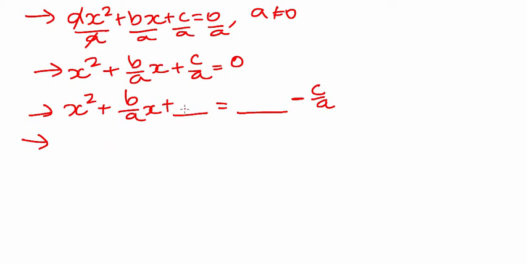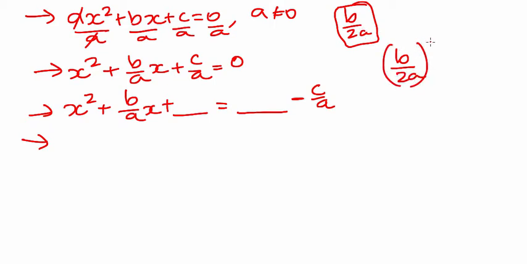To find out what to put here, you look at the coefficient of the x term. The coefficient of the x term right here is b over a, and half of it is b over 2a. The next step is to take b over 2a and this time square it.